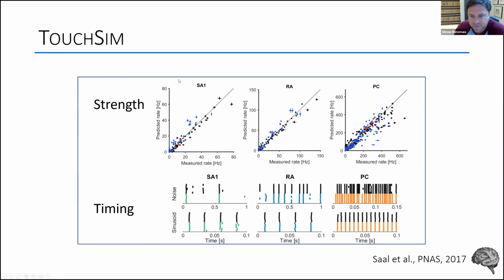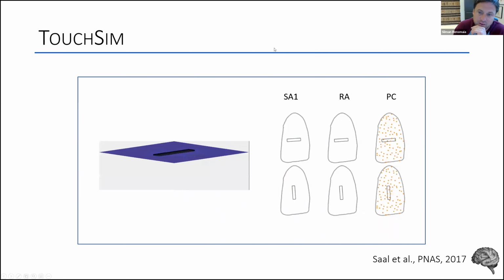So for instance, not only can it reproduce the firing rates, the strength of the response of different nerve fibers to a bunch of different stimuli, but it can also reproduce the timing. If you deliver a stimulus to the skin, each of these nerve fibers is going to produce a very, very temporally precise response to it, and the model can reproduce that temporally precise response. So it can capture really all this complexity in the nerve response.